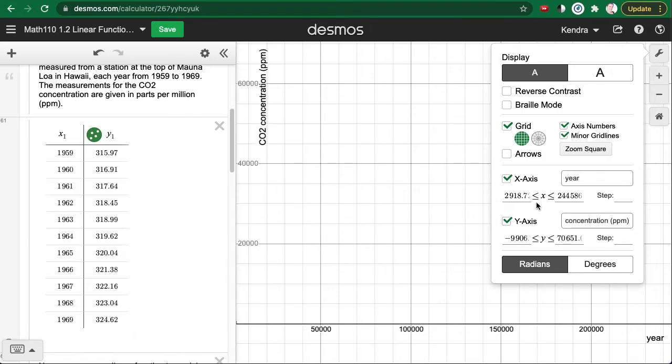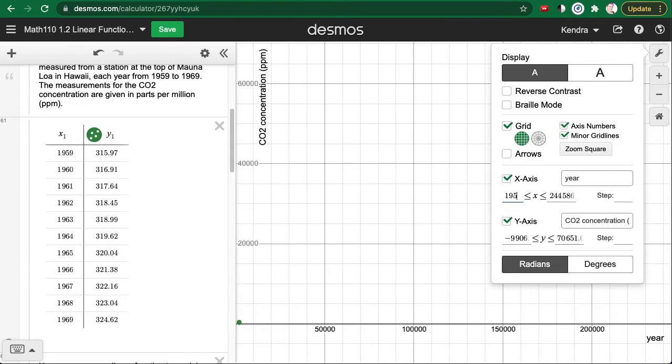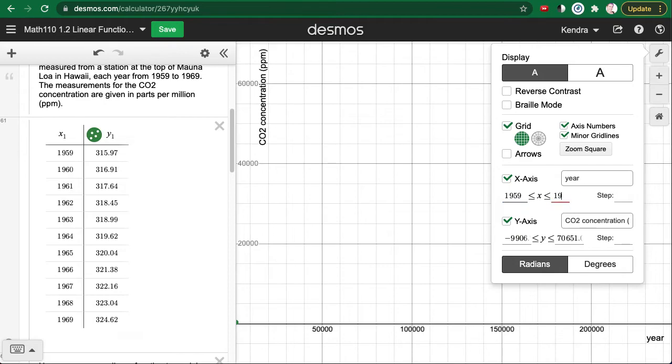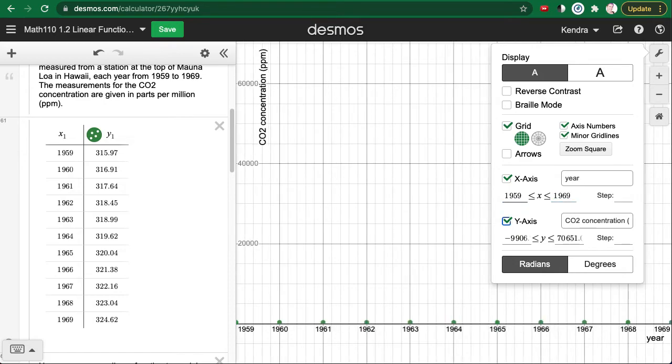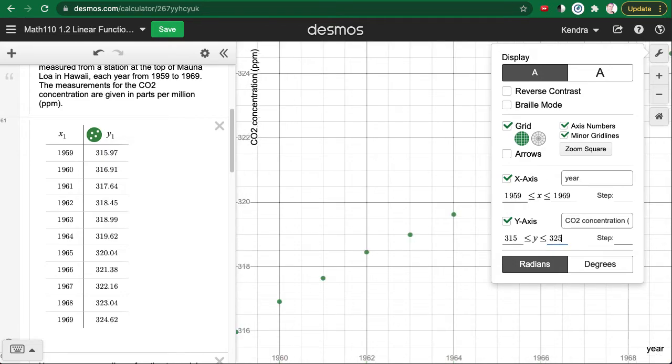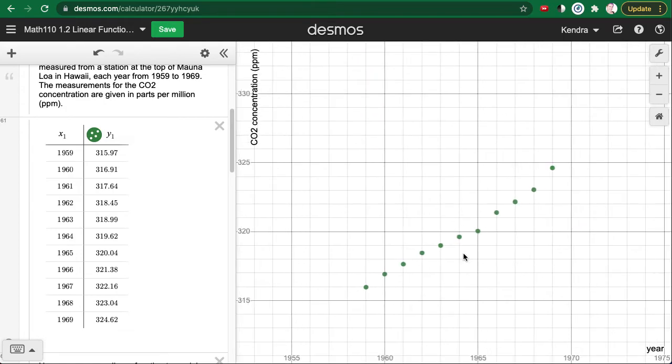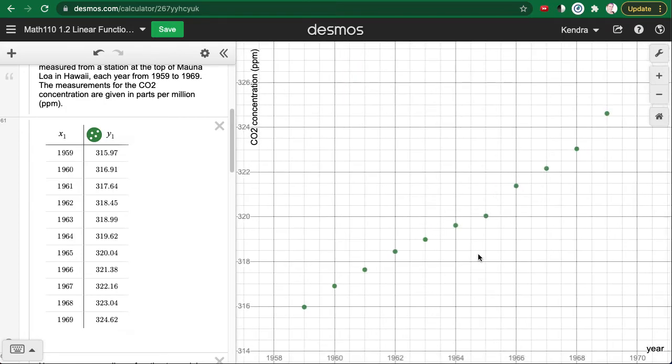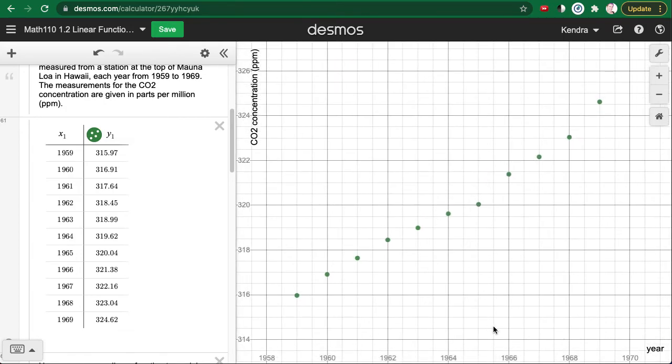The x-axis is going to go from 1959 to 1969, and the y-axis is going to go from looks like 315 to 325. Okay. So zoom out a little bit. There's my data.